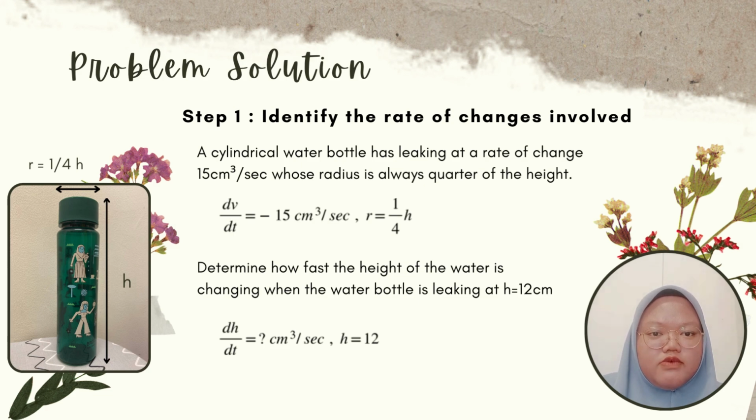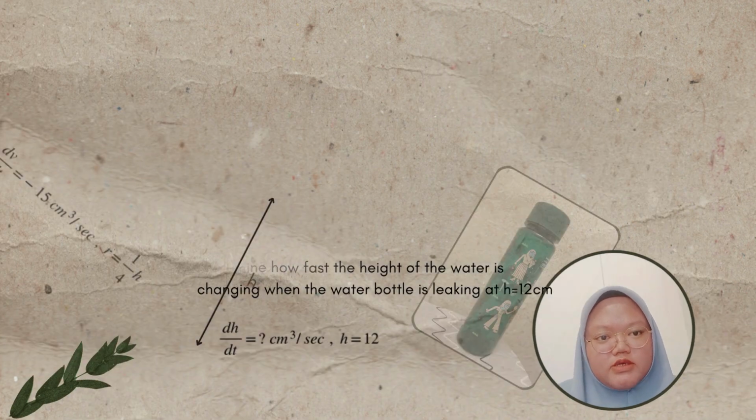The objective of this case is to determine how fast the height of the water is changing when the water bottle is leaking at h equal to 12 cm. So, we need to find the rate of change of the height, which is the derivative of h with respect to t, given that the height is 12 cm.